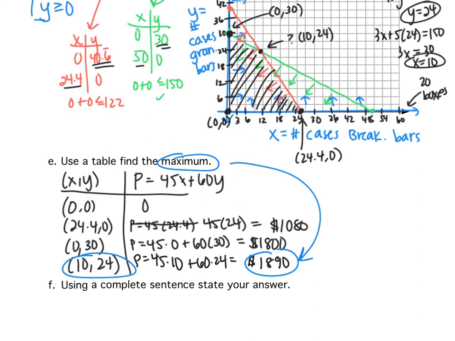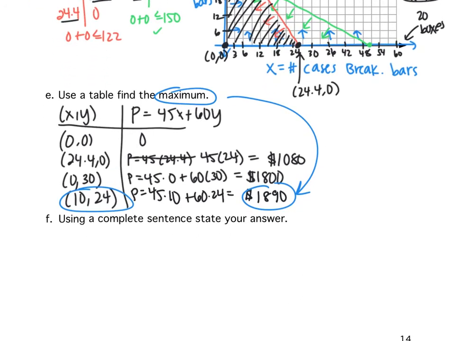So the last part in a problem like this is to answer the question using complete sentences. So you need to tell me what the maximum is and where it occurs in context. So I'm going to say, we should make 10 cases of breakfast bars. So that's that x.